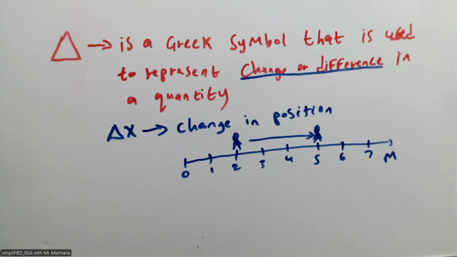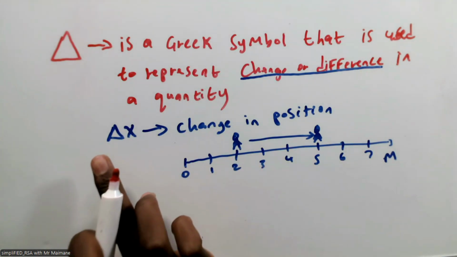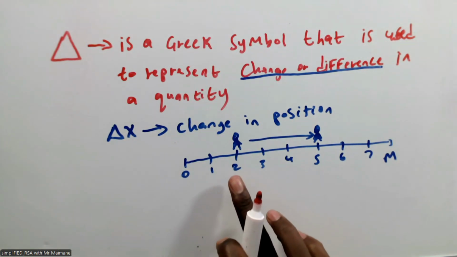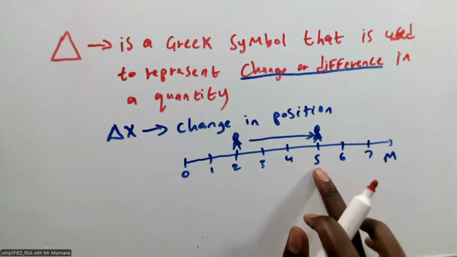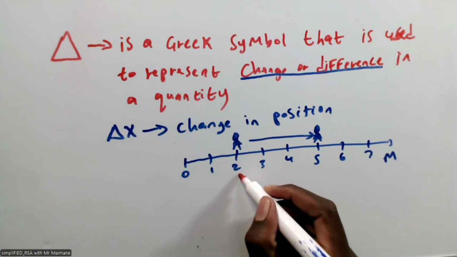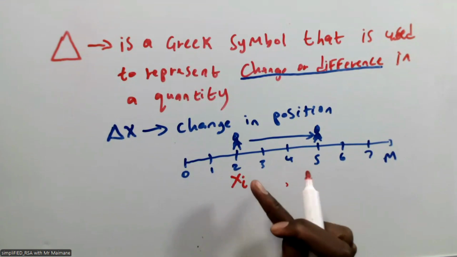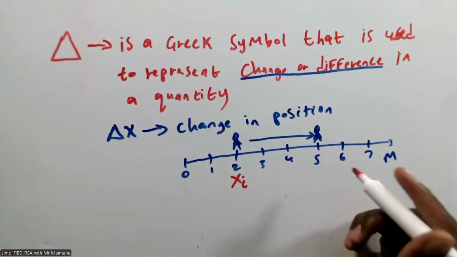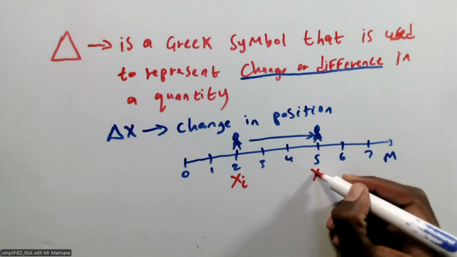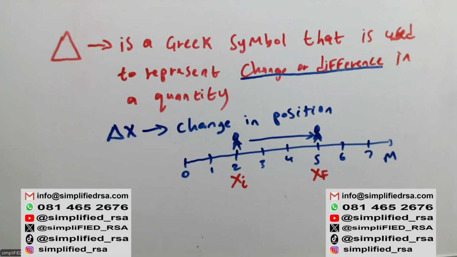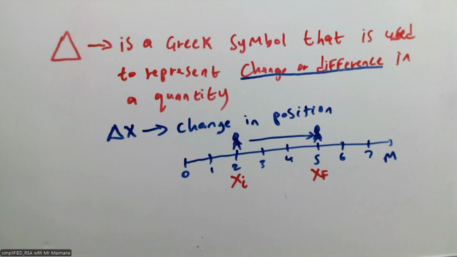Now, I want to explain the change. That change that is happening when a person moves from 2 meters to 5 meters: initially they were on 2 meters, and then the final distance they are on is 5 meters.